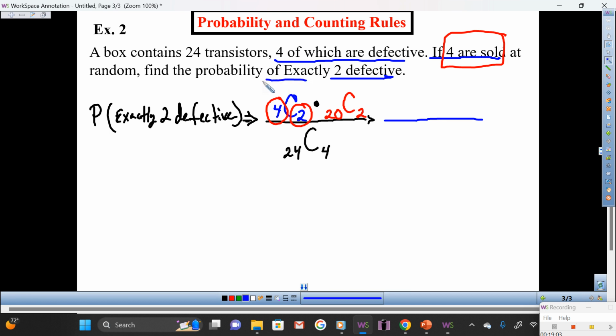What'd you get for this part right here, Zach? 6 times, what'd you get for this part, JC? 190? C2? Okay.